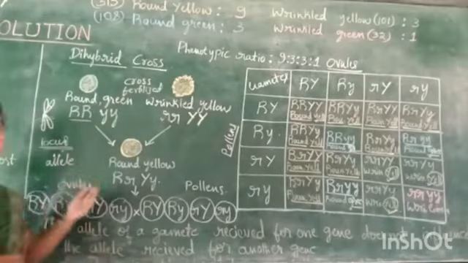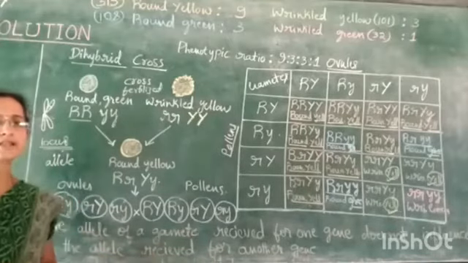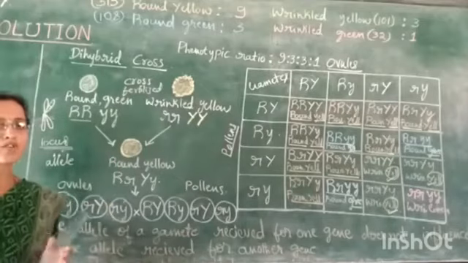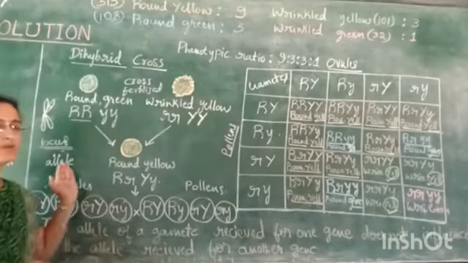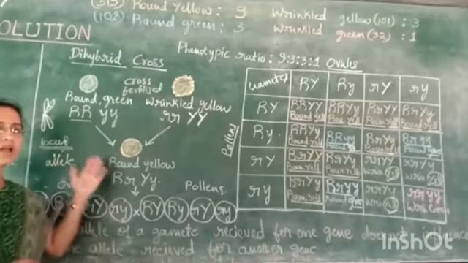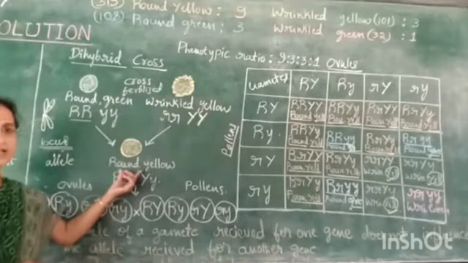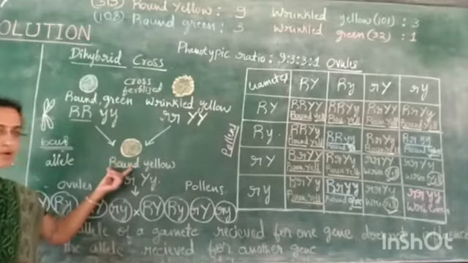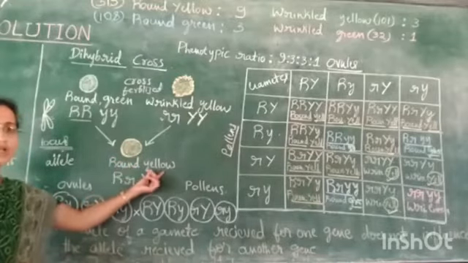When those seeds were sown in the next generation, they generated a particular amount of seeds. All the plants were having these characters. Those seeds, when we observed them, looked round in shape and yellow in color.